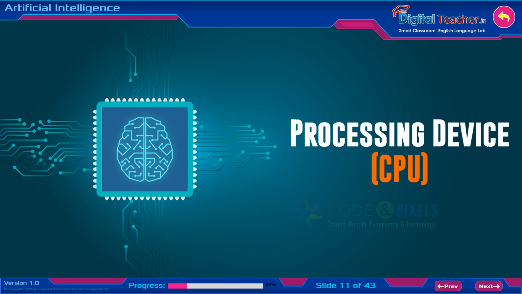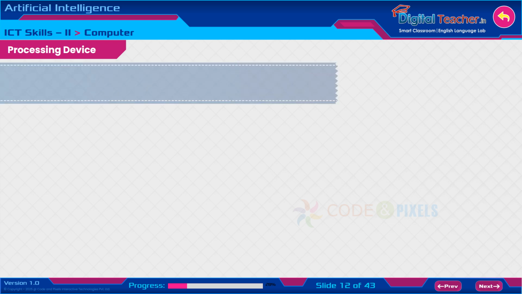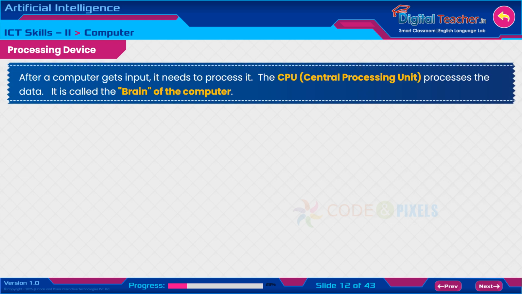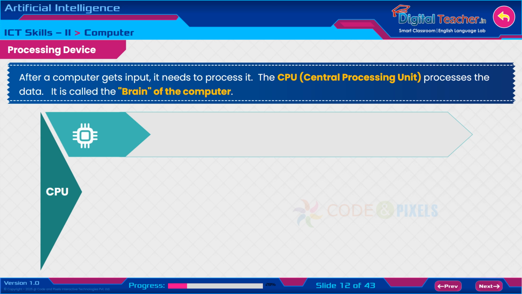Processing device, central processing unit. After a computer gets input, it needs to process it. The CPU processes the data. It is called the brain of the computer. The CPU has 3 main parts. Arithmetic logic unit.